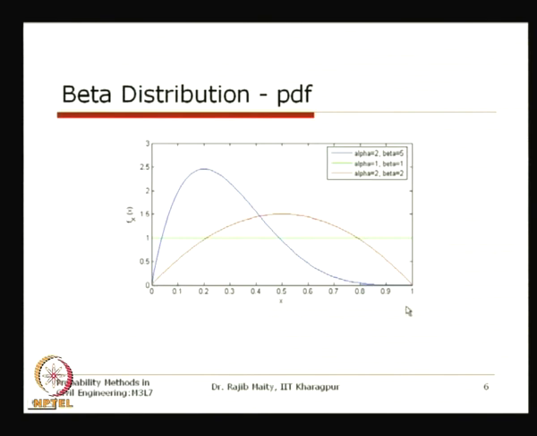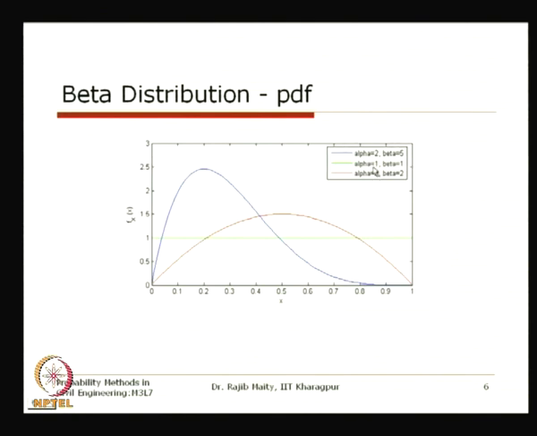So, for a beta distribution, if we set alpha equals 1 and beta equals 1, it is equivalent to the uniform distribution over the range 0 to 1. So, we can say that the uniform distribution is a special case of the beta distribution.